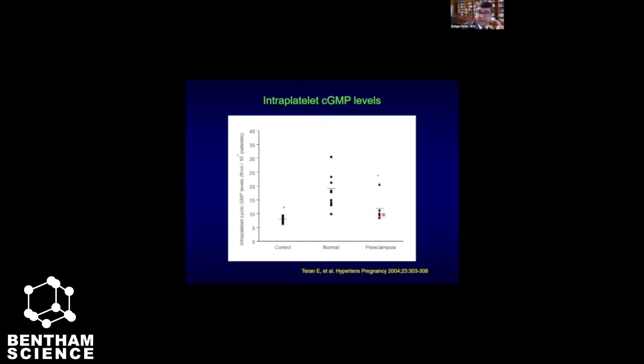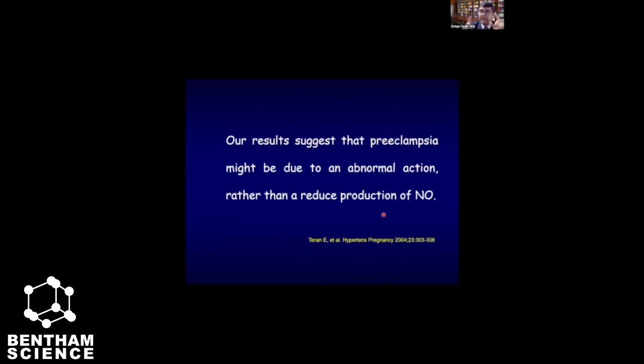That means for us that in preeclampsia, there is not a problem of nitric oxide production. The problem is that nitric oxide is not working properly. So it was for us a suggestion that for whatever reason, nitric oxide is consumed before it can act and produce its results.